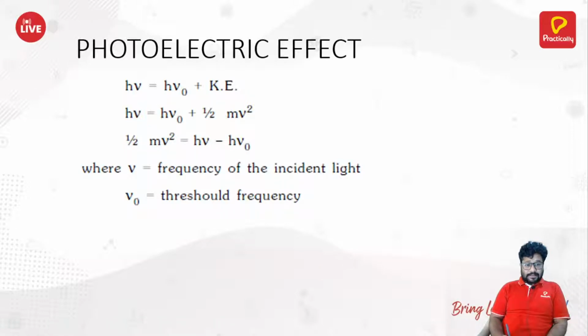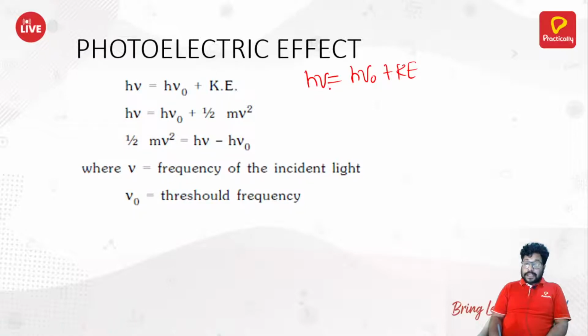As I was saying, kinetic energy is equal to h nu minus h nu 0. So you can also say h nu is equal to h nu 0 plus kinetic energy. If h nu is equal to h nu 0, then kinetic energy would be 0.